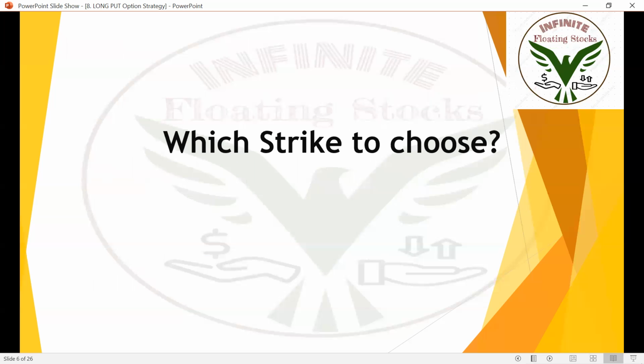Which strike price to choose? This is very important. There is lots of confusion among most of the students about which strike price and which expiry to choose, or whether to check OI, change in OI, or wicks, and what different types of analysis are needed before choosing strike prices.